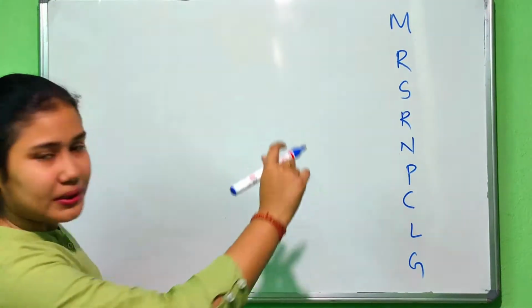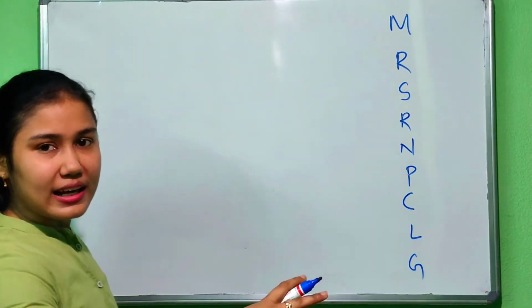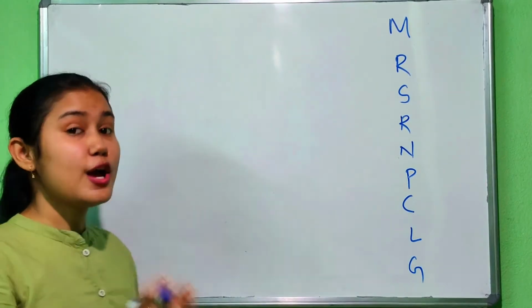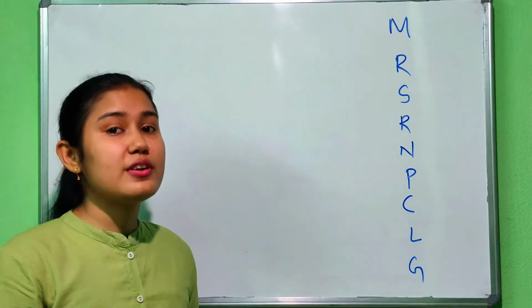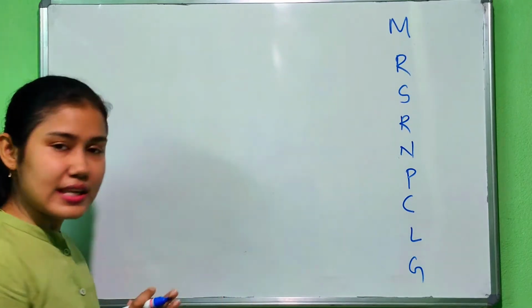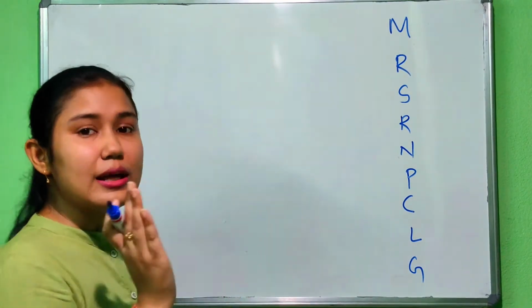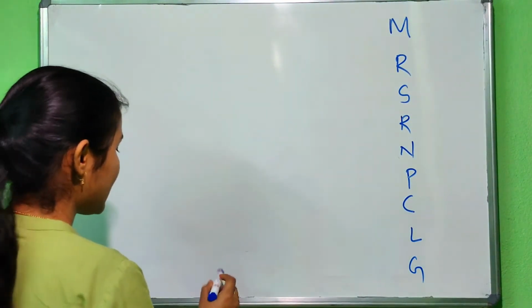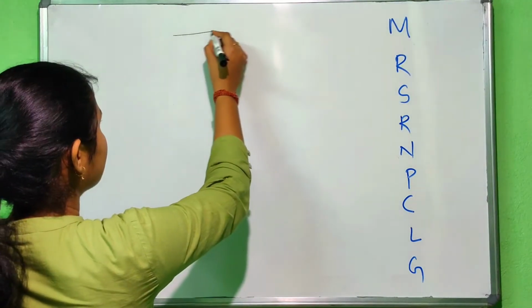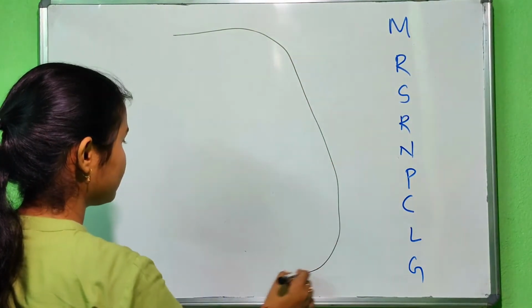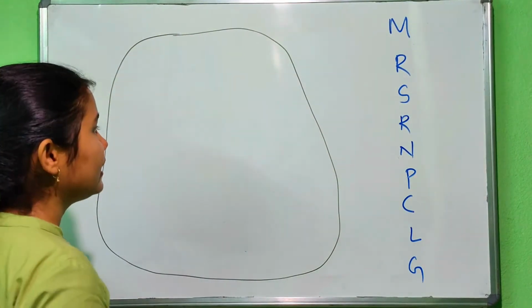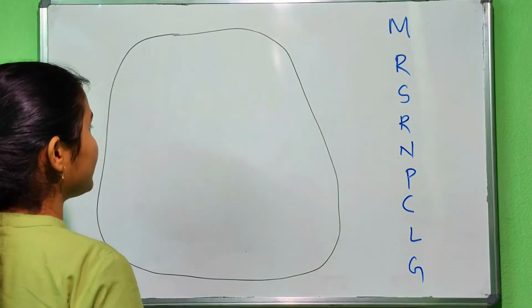So, what is the outer wall of the animal cell? The outer wall of the animal cell is the plasma membrane. Remember that there is no presence of cell wall in case of animal cell. So let's draw the plasma membrane. Okay, this is the plasma membrane.